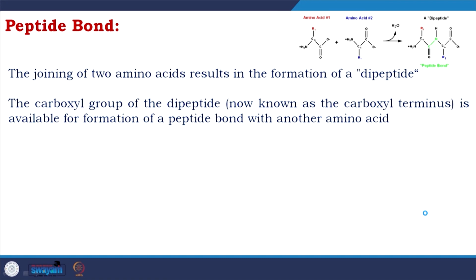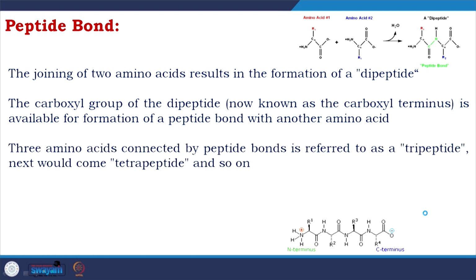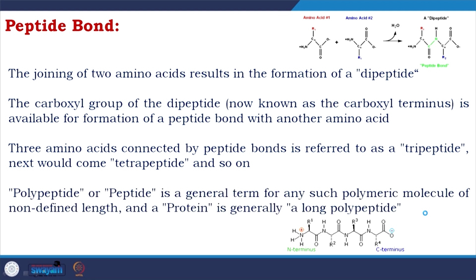So, it continues like that. This is the growth of the peptide, and three amino acids connected by peptide bonds are referred to as a tripeptide. Next would come tetrapeptide and so on.